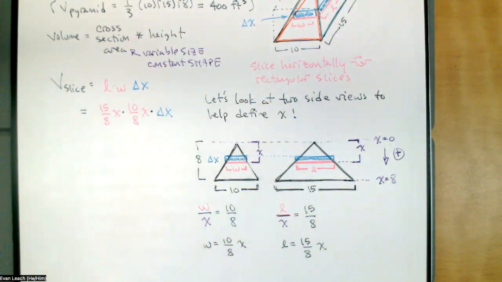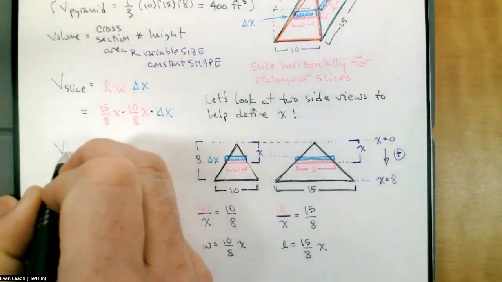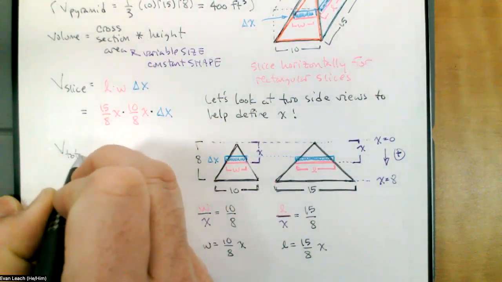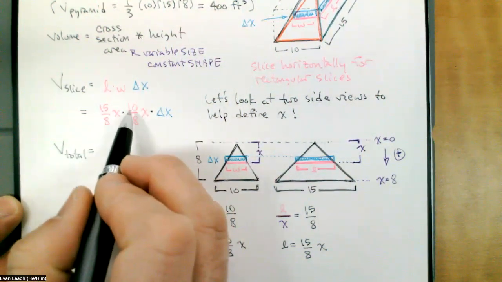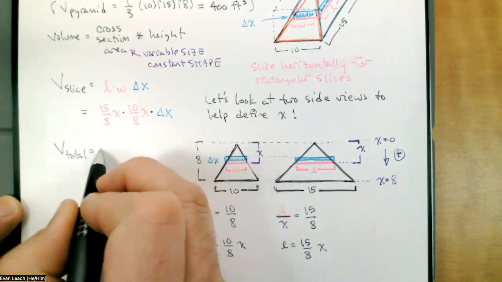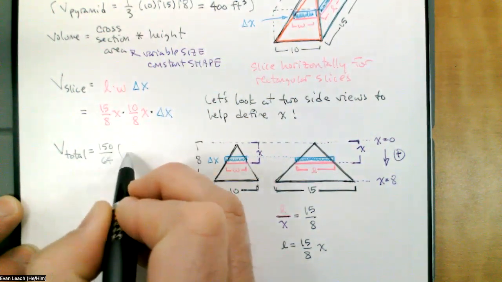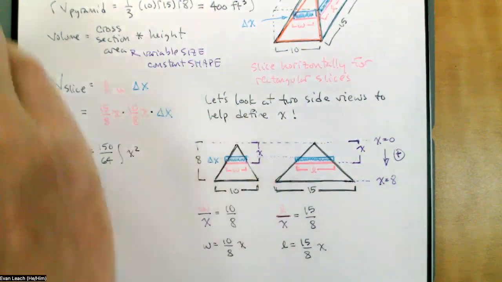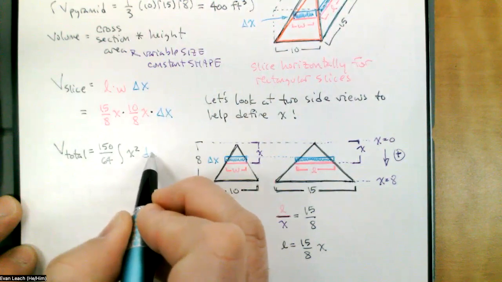Now this is the volume of the slice for all these different x values. So now we have to build a Riemann sum, which we skip over and just write down the total volume in a definite integral. I'm going to factor out the 15 over 8 and the 10 over 8, which I'm going to actually simplify now to 150 over 64. X squared. The delta x in the definite integral becomes a dx.